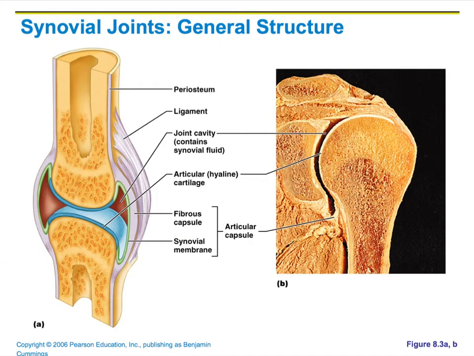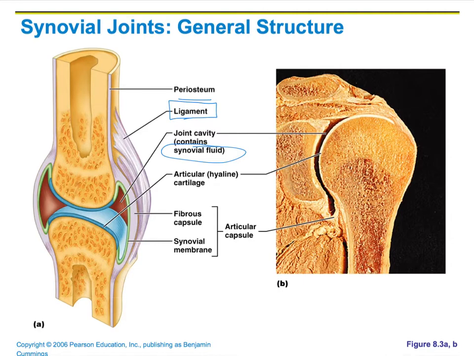Here is a diagram. We follow two long bones that connect at a joint, and the capsule and cavity that exist in between them. We know what the periosteum is. A ligament is dense, regular connective tissue that connects the bones. The ligaments we're probably familiar with are those in the knee, like the ACL and the MCL. A cavity, and in that cavity there is friction-reducing fluid.